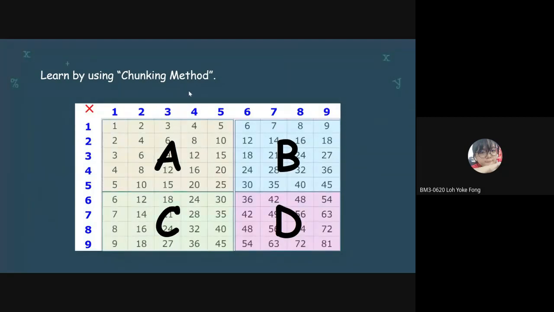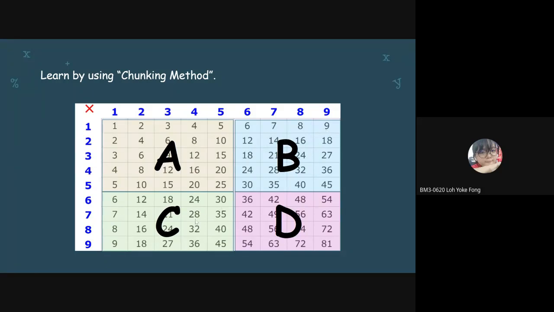Okay, so with this basic multiplication fact chart, we can help students learn it by using the chunking method, which means we separate it into 4 sections. As you can see, in section A, students will start by learning the times tables up to 5. After they master part A, they can go to section B, where they will learn up to 9 times 5.